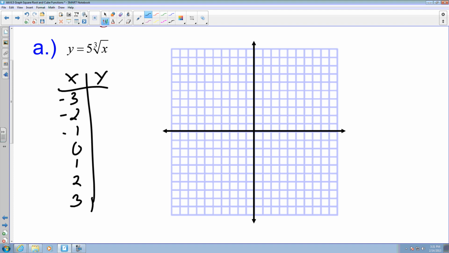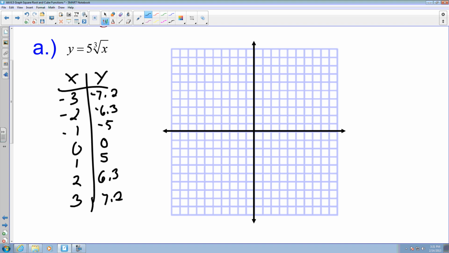To save some time, if I were to substitute in x values, for negative 3, my y would be like negative 7.2. If it was negative 2, it'd be negative 6.3. If it was negative 1, it would be negative 5. If it was 0, it would be 0. If it was 1, it would be 5. 2 would be 6.3. And if it was 3, it would be 7.2.